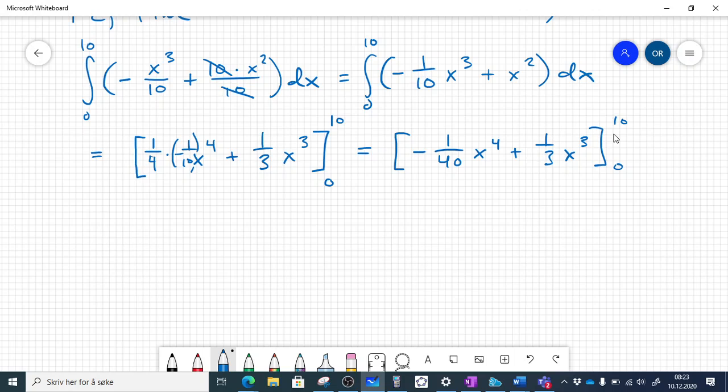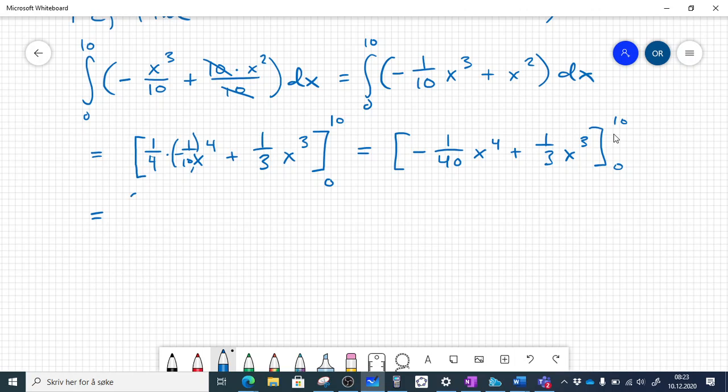And to score all the marks here, we actually do have to do this all the way out. And now it's going to be putting these values into wherever you have x, and then subtracting the other half of it.